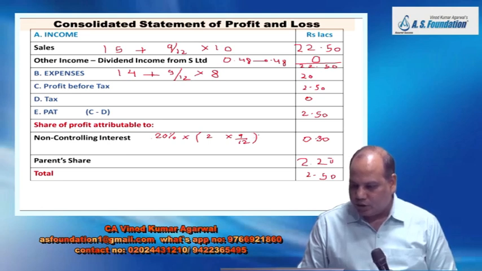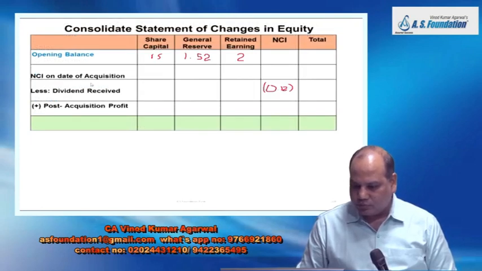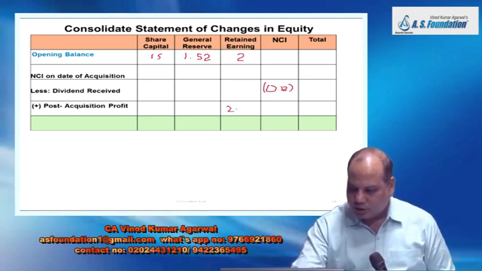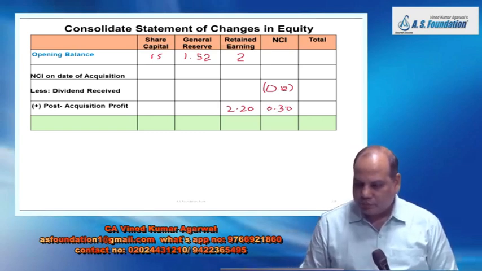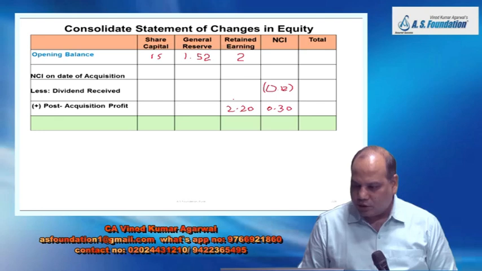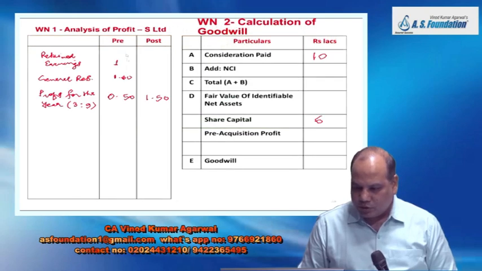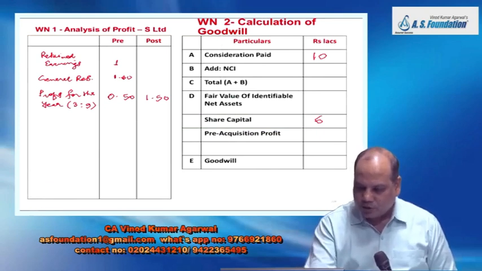So this 0.30 and 2.20 right here, post acquisition profit. 2.20 retained earning column, 0.30 here in NCI column. Now let us come to this analysis of profit. Take total of the pre column.